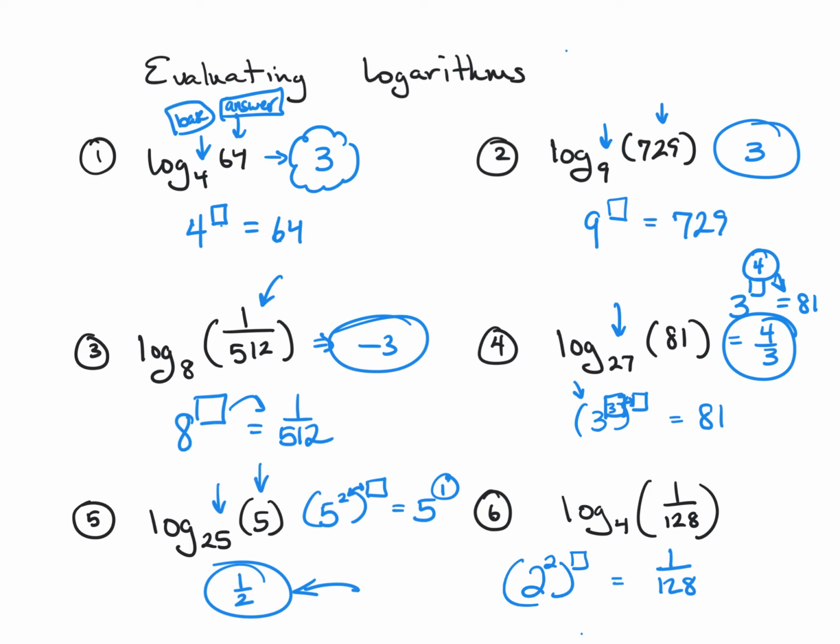So now I'm going to very quickly think about 2 raised to what power equals 128. Well, I know that 2 times 2 times 2 times 2 times 2, so 2 to the 5th, is 32. If I multiply that by 2, that's the 6th. And if I multiply that by 2, that's 2 to the 7th power. So 2 to the 7th power will give me 128, right?